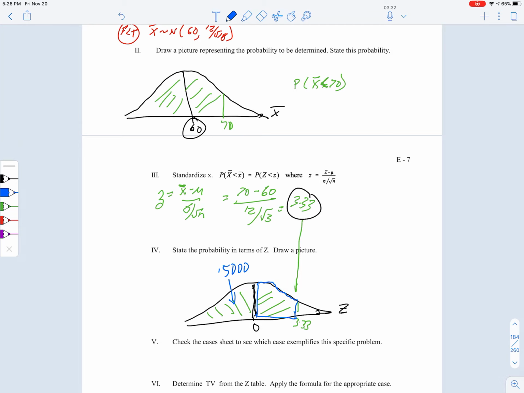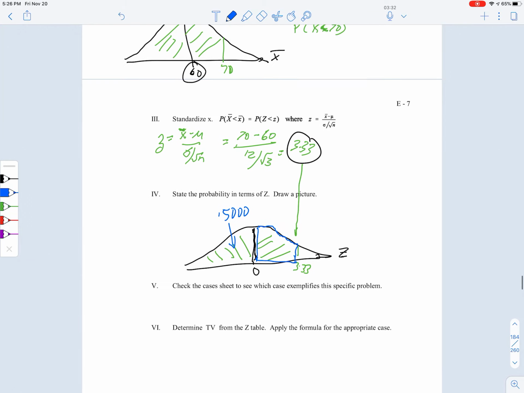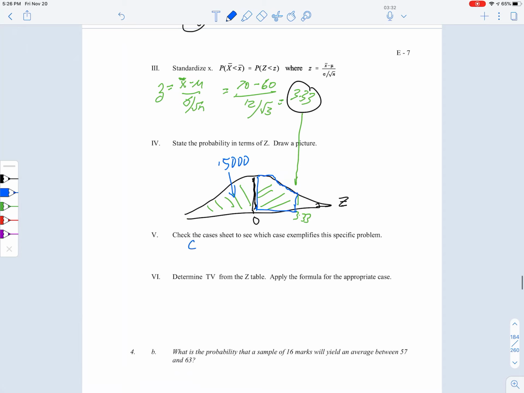If you were to go back to the cases, this is just a case 1. Case 1 says the probability that you get a z less than some value, 3.33, is equal to 0.5 plus the table value for 3.33. Let's go back to the table.